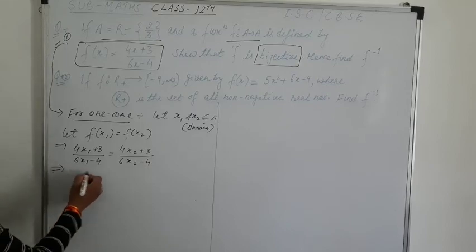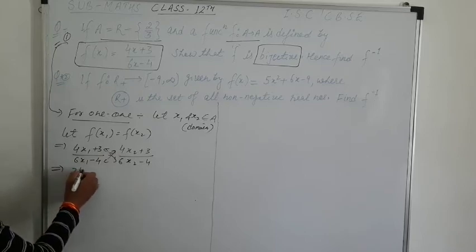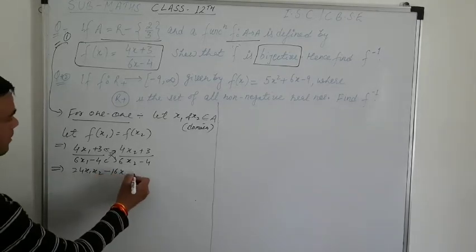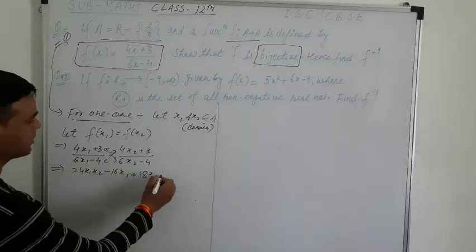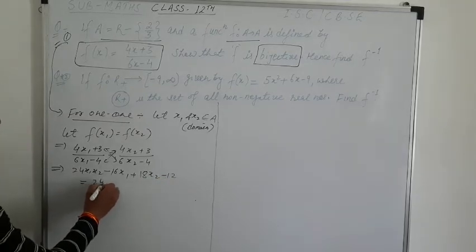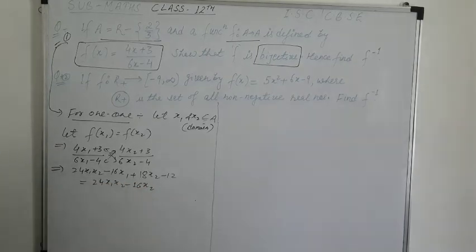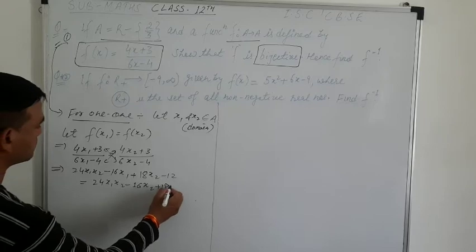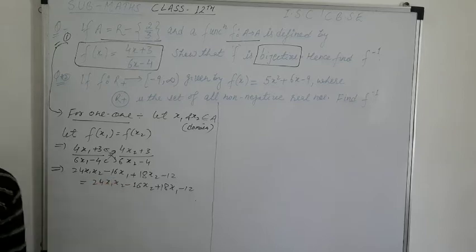Solving this by cross multiplication, we will get 24 x1 x2 - 16 x1 + 18 x2 - 12 is equal to 24 x1 x2 - 16 x2 + 18 x1 - 12.